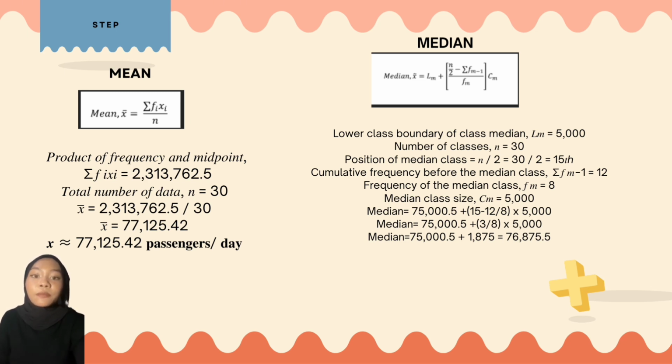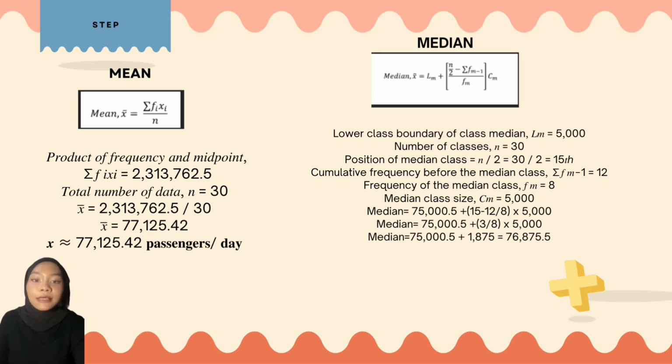The mean is approximately 77,125.42 passengers per day. This provides a clear average ridership figure.